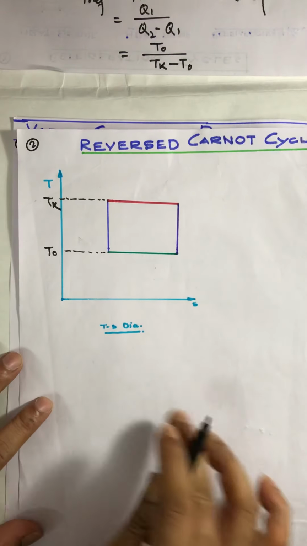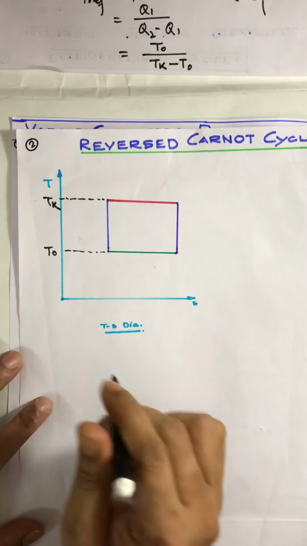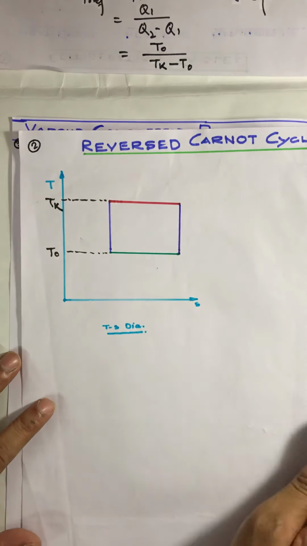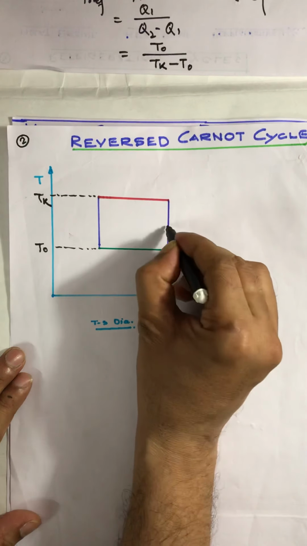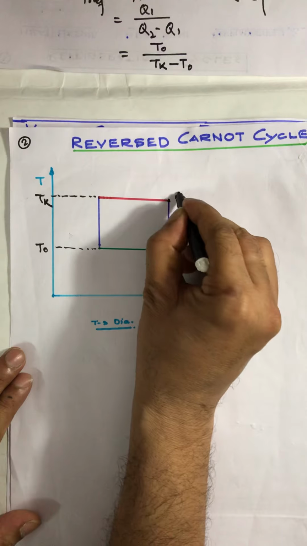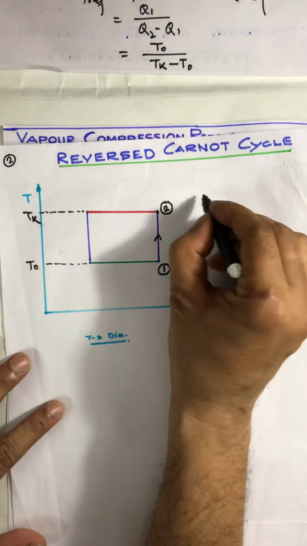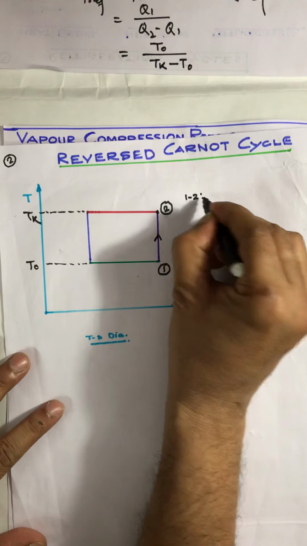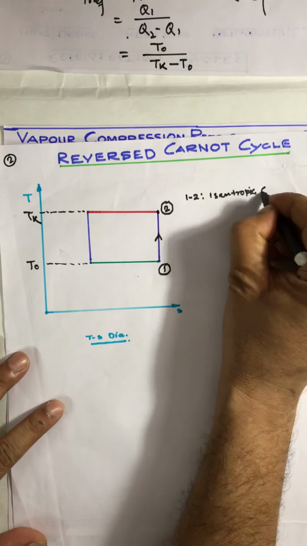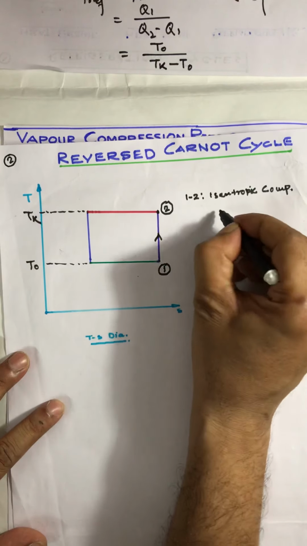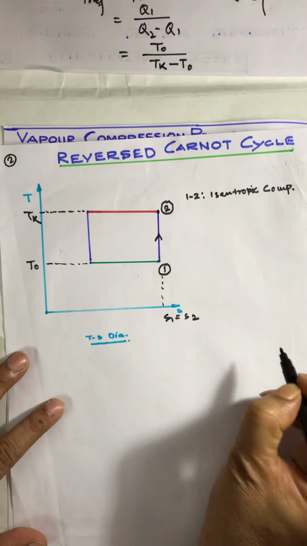As we know, the basic structure of the TS diagram for the Carnot cycle is just like that. If we start from the compression process, say this is point 1. So, the 1 to 2 process is adiabatic compression or isentropic compression, and for that case definitely S1 is equal to S2.